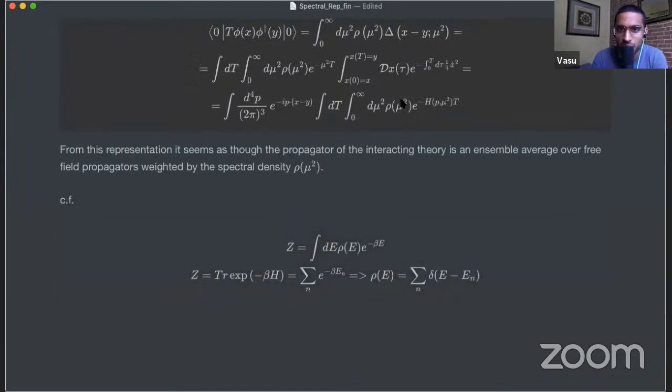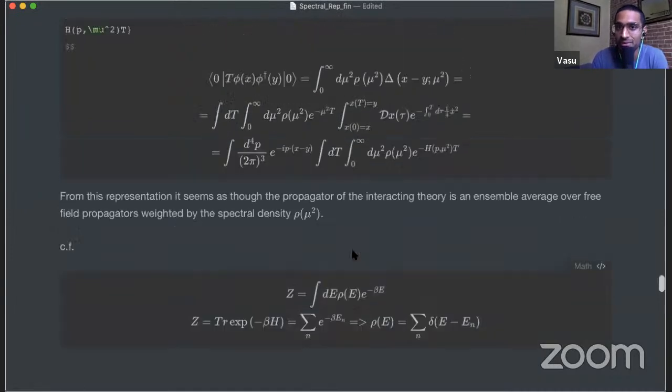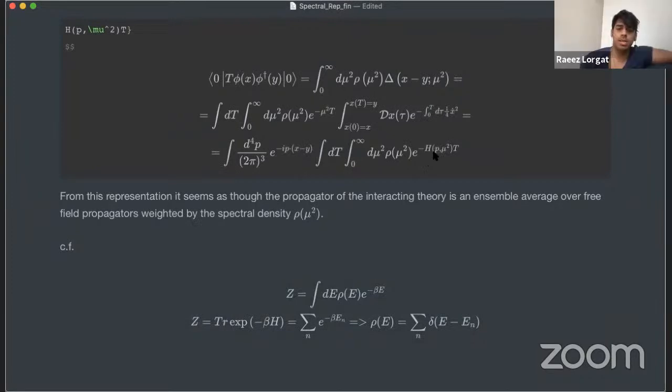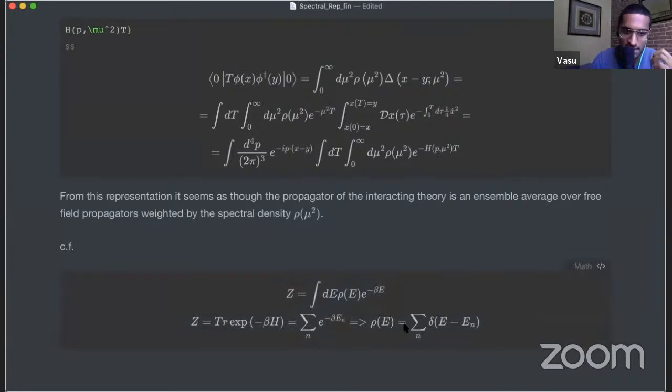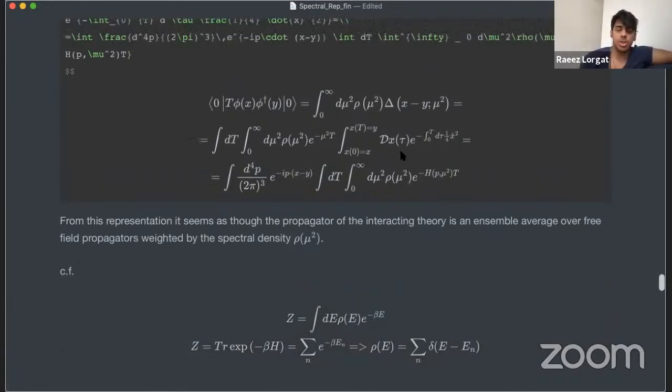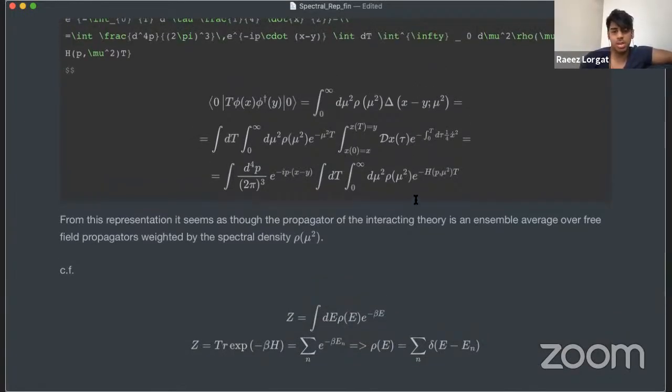So you see, rho of mu squared is the density of states for the Bose gas of relativistic free particles. Right. So it's playing the same role as this object here, which is just telling you where all the states are, right? So your knowledge of the spectrum of the theory is equivalent to your knowledge of rho. I mean, it's essentially the distribution over all energies, which might be extremely continuous in our setting. Exactly.